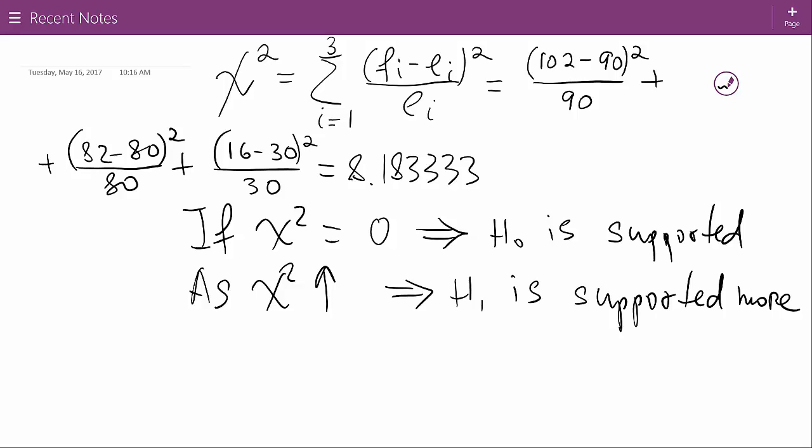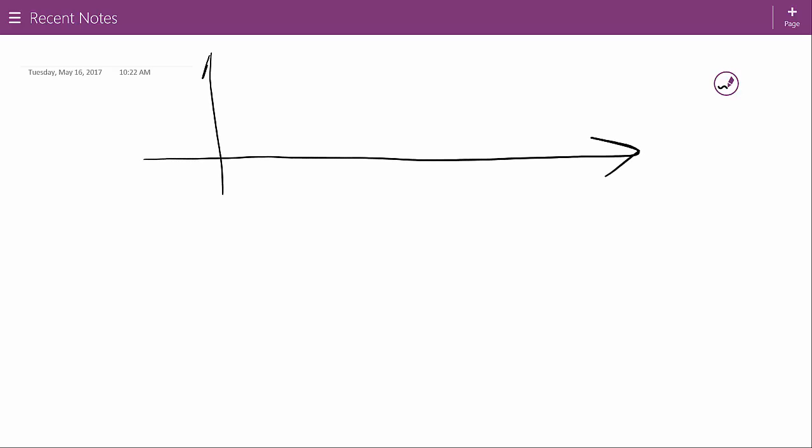Once you cross this threshold, all of a sudden you don't believe in null anymore and you support the alternative. Well, let me give you a graphical picture. So here is how the chi-squared distribution looks. In general, the chi-squared distribution does not go below 0. So this is chi-squared.